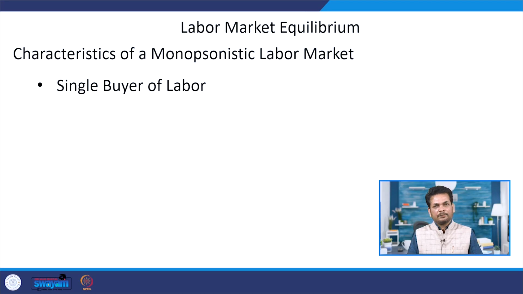So, let us discuss some of the properties of this monopsony labor market. The first property, as I said, is that there is a single buyer. Being a single buyer in the labor market, this particular firm or industry has the absolute power to buy labor services from the workers at its discretion.